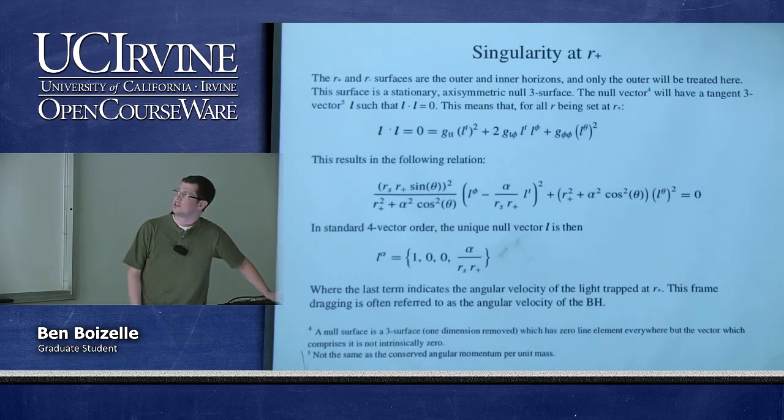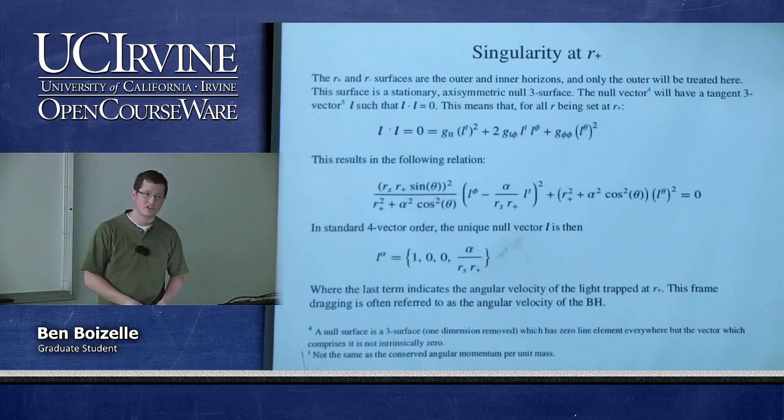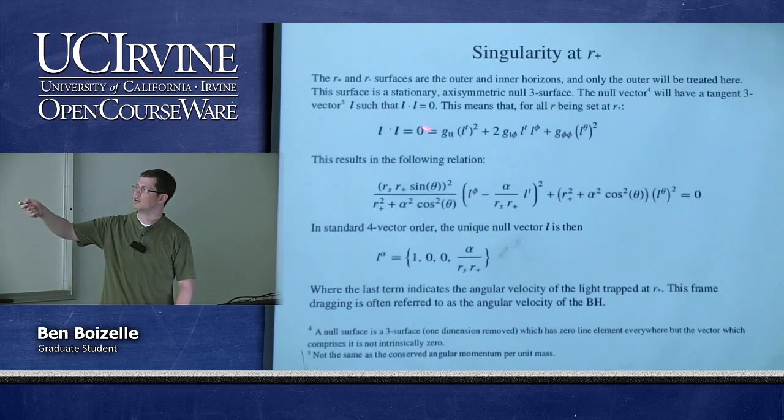So going through this, we're going to be bringing up one additional thing, a null vector. Like the killing vector, I didn't discuss it in class, but a null vector, or null surface, is a 3 surface. In other words, removing one of the coordinates such that you have a 0 line element everywhere. In other words, your ds squared is equal to 0. In doing this, you have just a dot product of different space and time components.